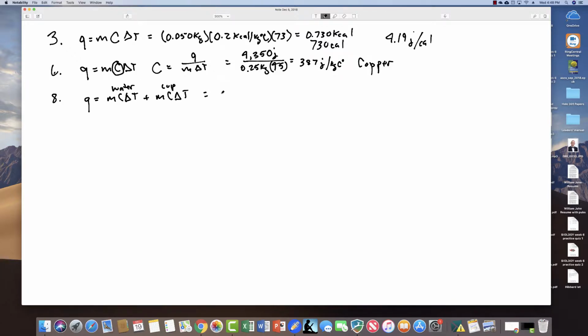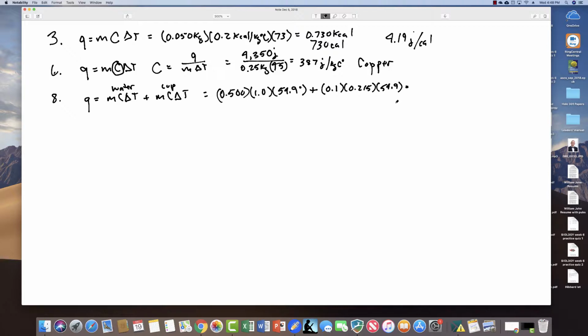If we put the numbers in here, we have a half a kilogram of water, and it's 1 kilocalorie per kilogram, the change in temperature being 54.9 degrees, and then you have a 0.1 kilogram aluminum cup, and it is 0.215 kilocalories per kilogram degree centigrade, and the same change in temperature.